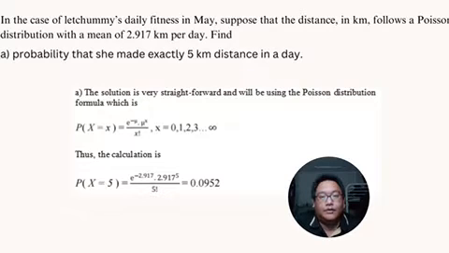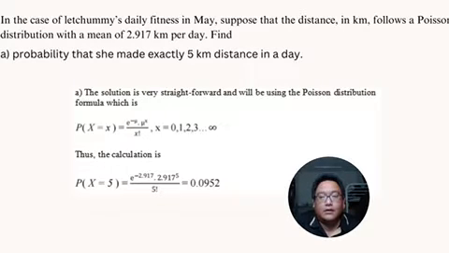will be very straightforward and will use the Poisson distribution formula, which is probability of x equals e to the power of negative nu times nu to the power of x over x factorial. The x value would vary: 0, 1, 2, 3, and so on.